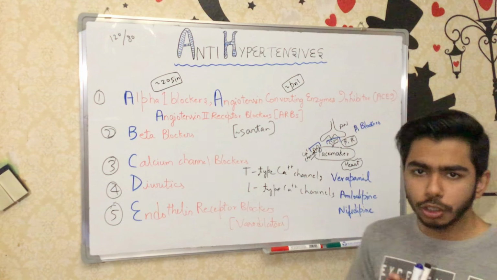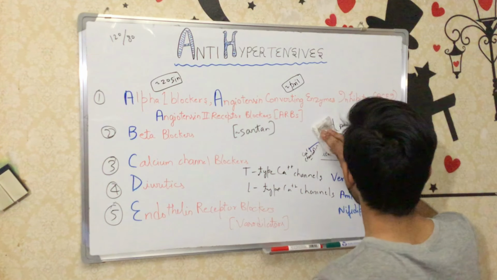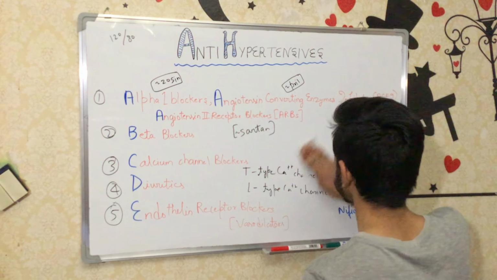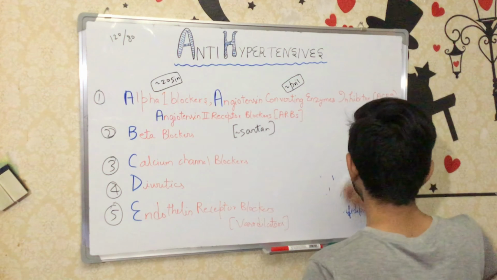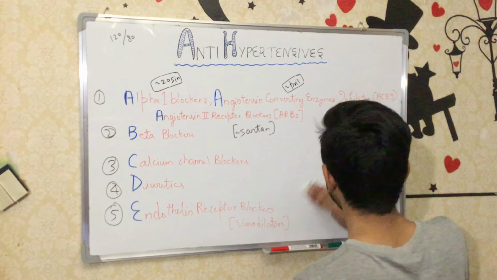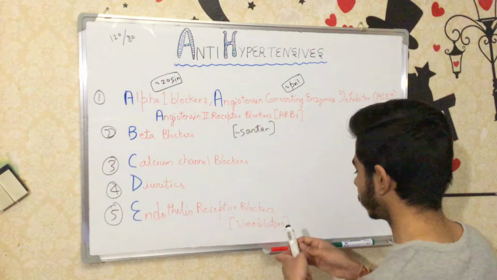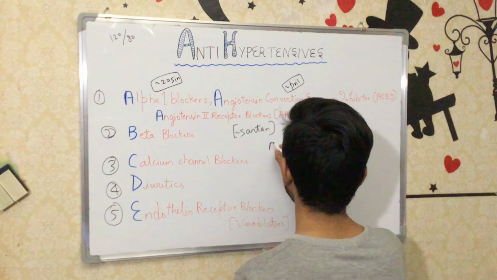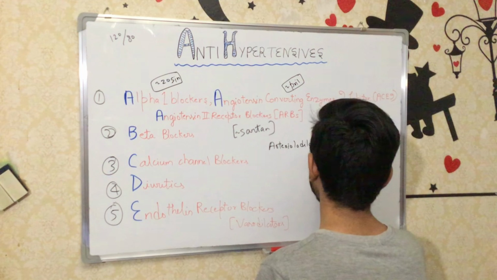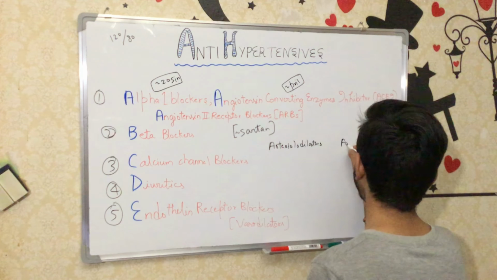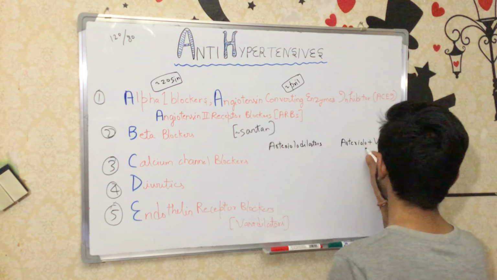So talking about the arteriolodilators, allow me to rub this. What drugs come under the category of the arteriolodilators, and what drugs come under the category of the arteriolo plus venodilators?